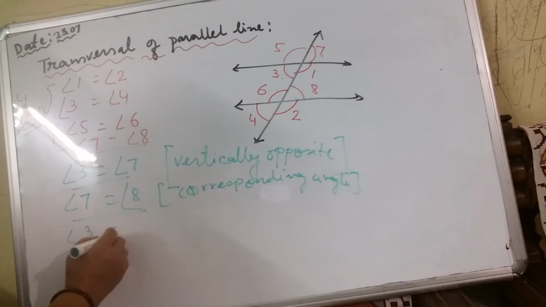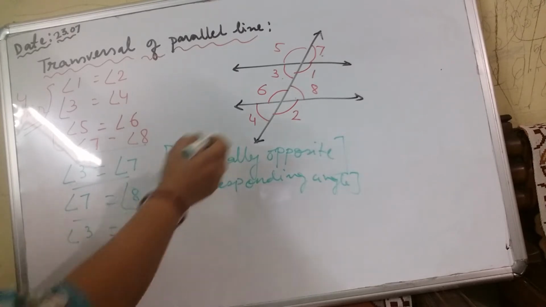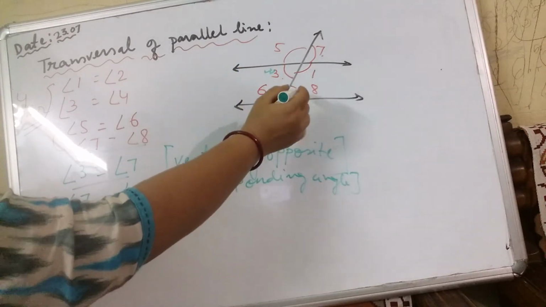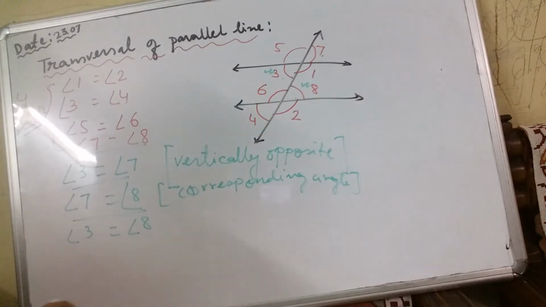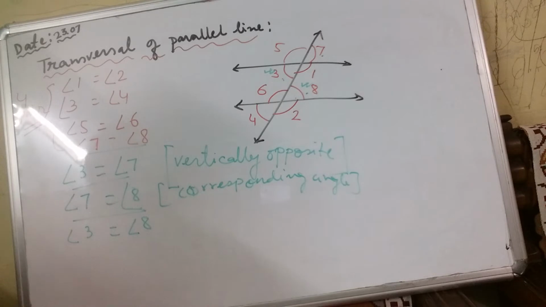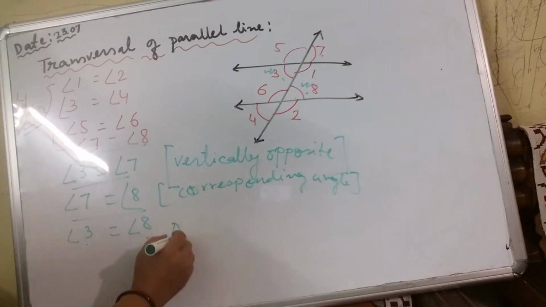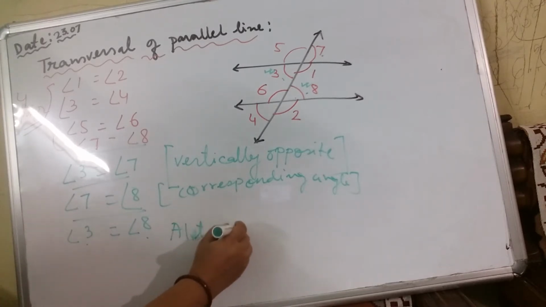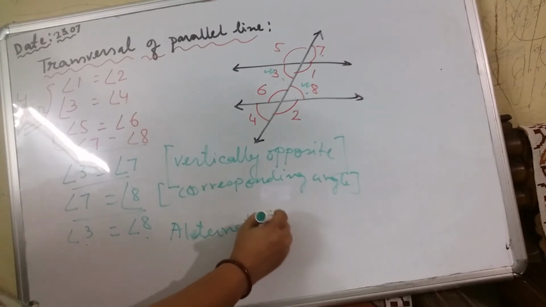Angle 3 equals angle 8. That means this angle equals this angle, angle 8, and these are alternate interior angles.